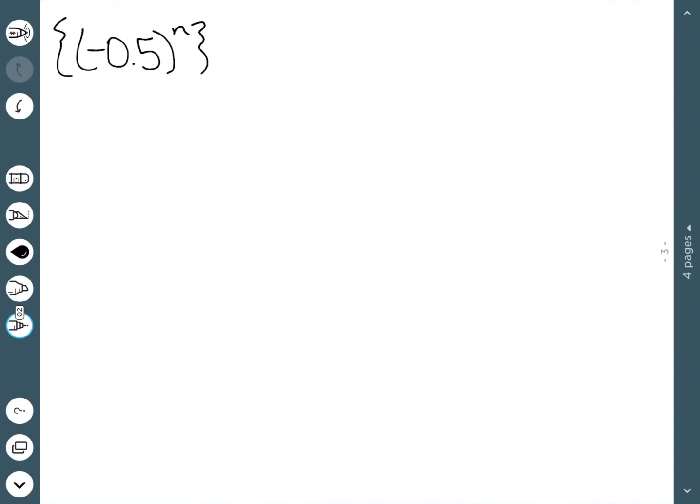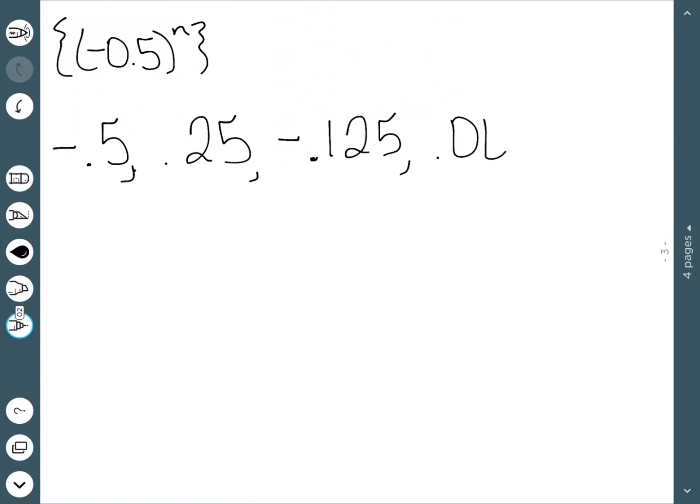What if I introduce a negative? Negative 0.5 to the nth power. This time if I write out my first term, I have negative 0.5. My second term will be positive 0.25. My next term, negative 0.125. My fourth term, positive 0.0625. So I am alternating between signs.